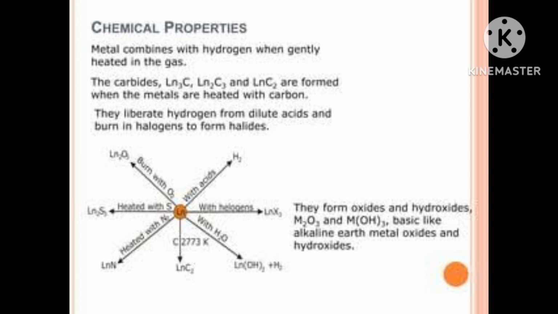The electrode potential ranges from minus 2.2 to minus 2.4, a 0.2 volt difference. Except for uranium. Uranium is an exception.